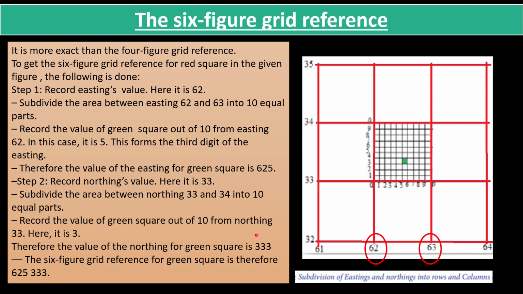Let us see again, 625333, and we have divided the area between 62 to 63 into 10 divisions and 33 to 34 into 10 divisions equally.